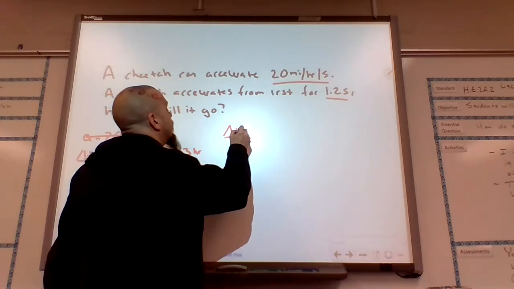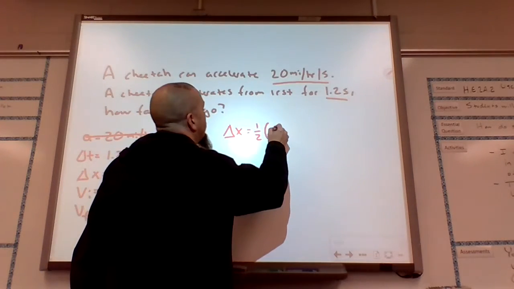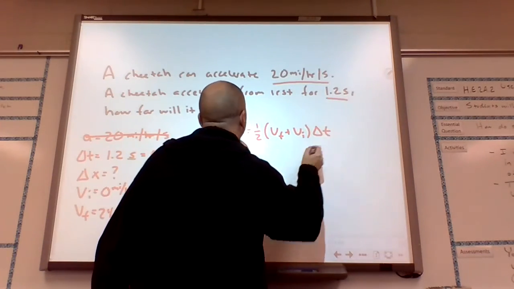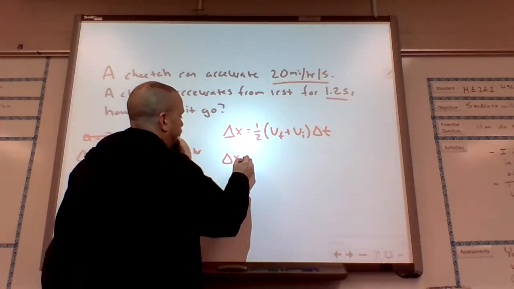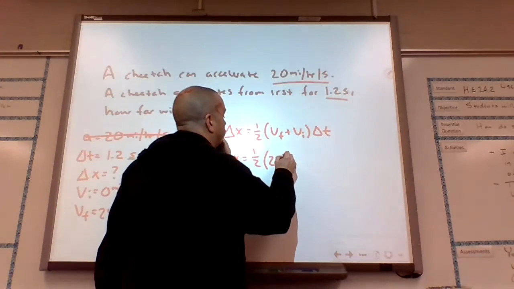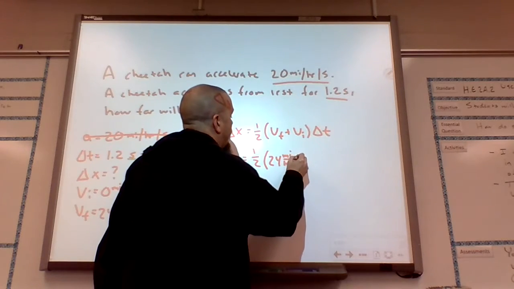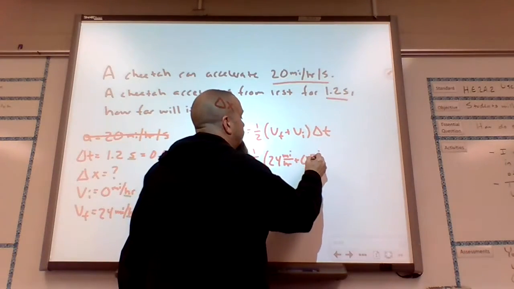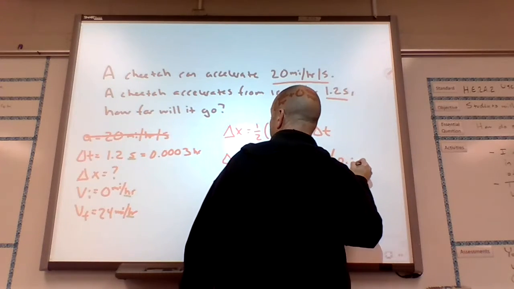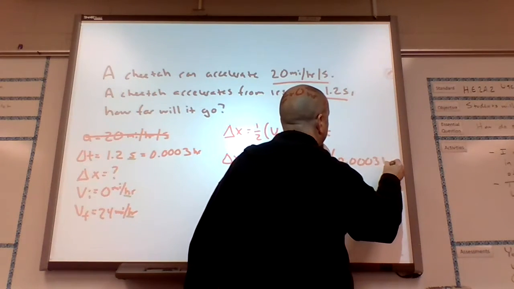Delta x equals 1/2 (vf plus vi) times delta t. 1/2 of 24 miles per hour plus 0 miles per hour times 0.0003 hours.